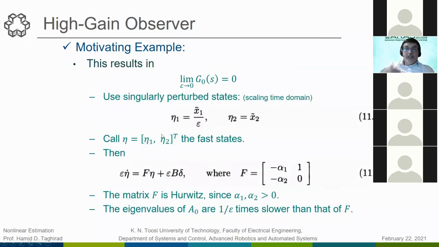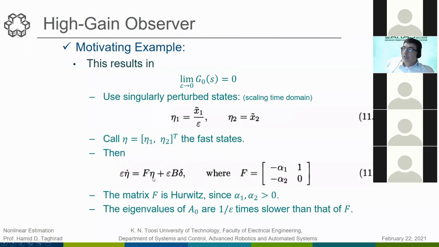If we use a regular perturbation theory method, we should scale the time domain. Instead of the original time domain, if we use some normalized state like this one and this one, then we have a fast state, as a perturbation theorist informed us. We have a dynamic system here.